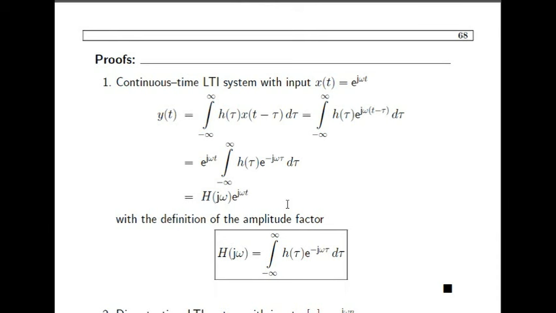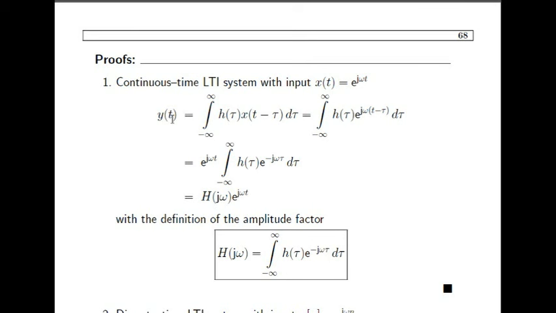We know that the convolution integral will be the integral from minus infinity to infinity of h of tau x of t minus tau d tau. Here we are taking x of t as e to the power j omega naught t. So I replace x of t minus tau with e to the power j omega (t minus tau), d tau.